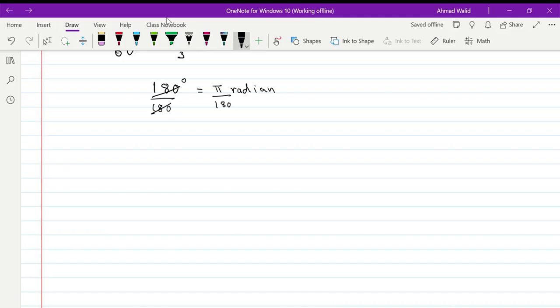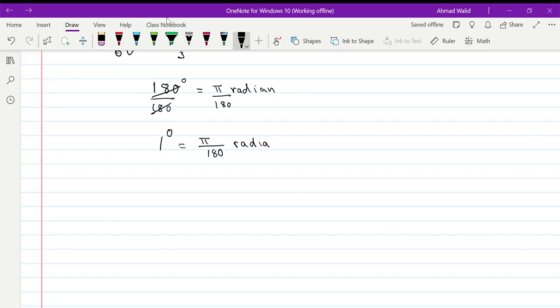These two cancel out, then I can say 1 degree equals pi over 180 radian, correct? This relation is really important for us, that we know how much is actually 1 degree.